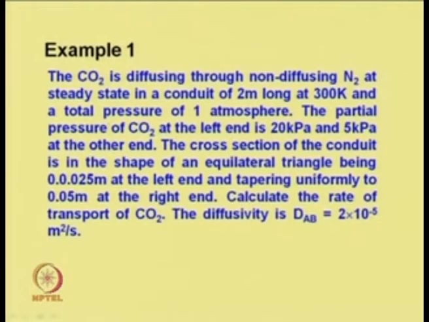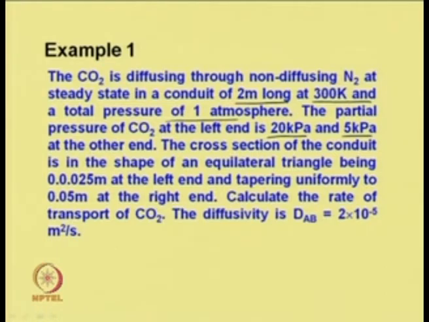If we consider a simple example like we considered before, CO2 is diffusing through non-diffusing nitrogen at steady state in a conduit of 2 meter long at 300 Kelvin and 1 atmosphere pressure, and the partial pressure at the left end is 20 kilopascal and at the right end is 5 kilopascal.